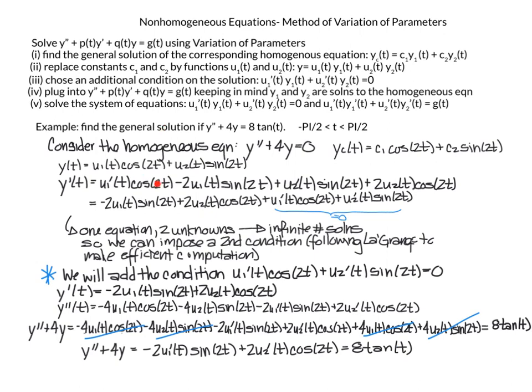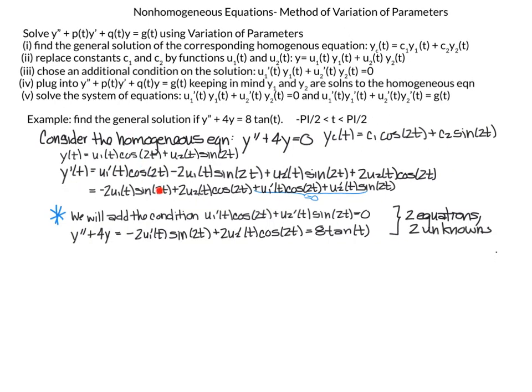If you've done all your calculations correctly, at the end, in your differential equation you should end up with u1 prime terms and u2 prime terms. You shouldn't have any more u1s or u2s without primes.